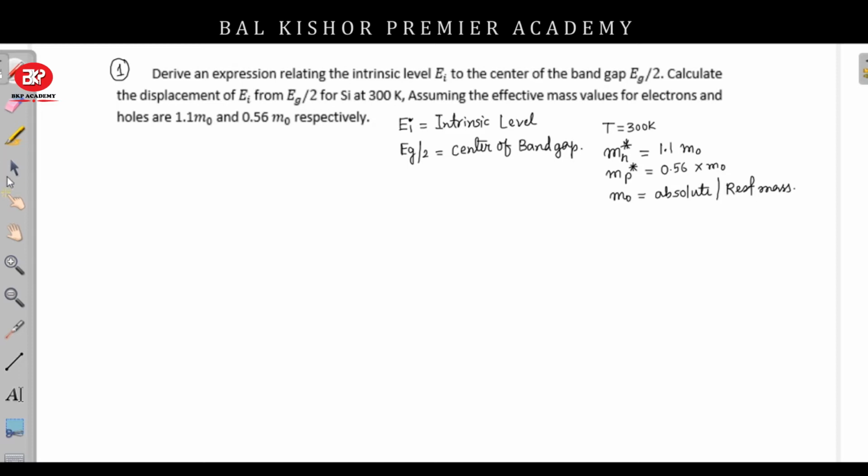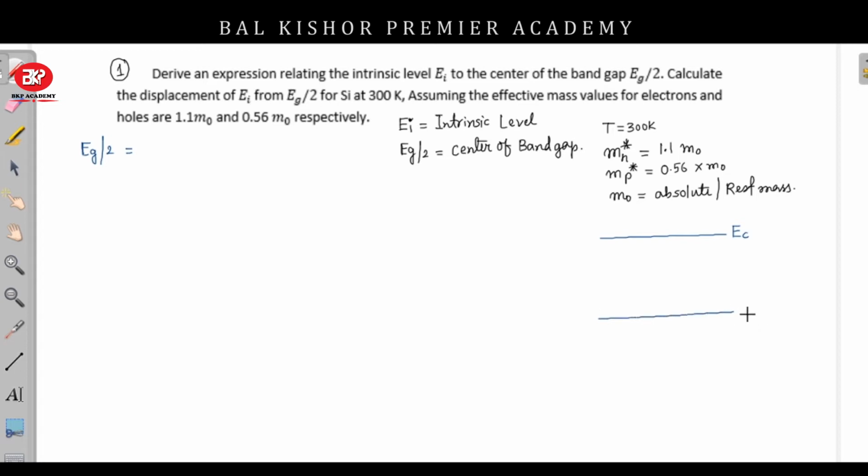Now let us first talk about Eg/2. Eg divided by 2 is nothing but the center of the band gap. If I draw the energy band diagram, this is the EC energy, the minimum energy for the conduction band.